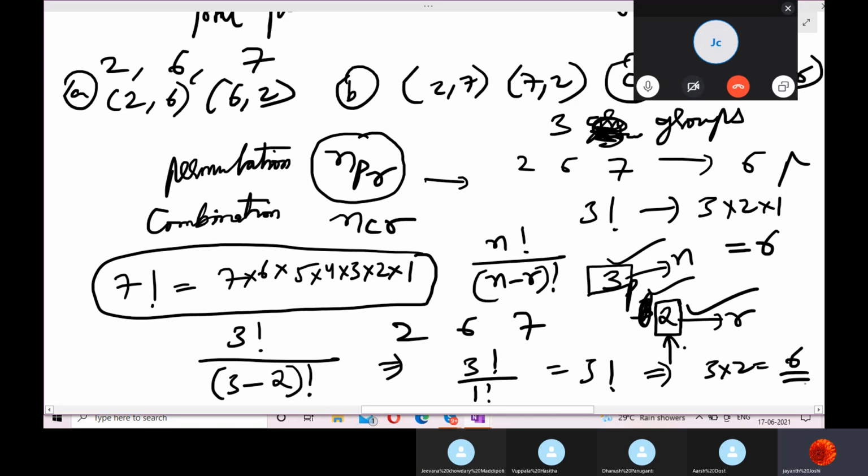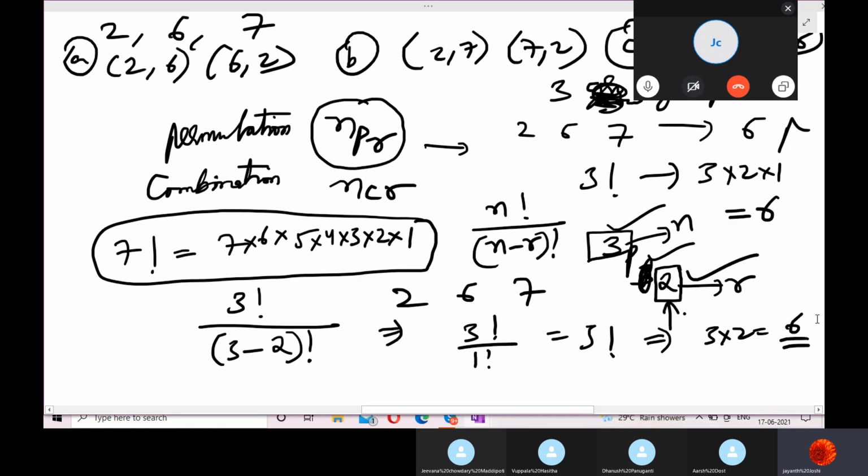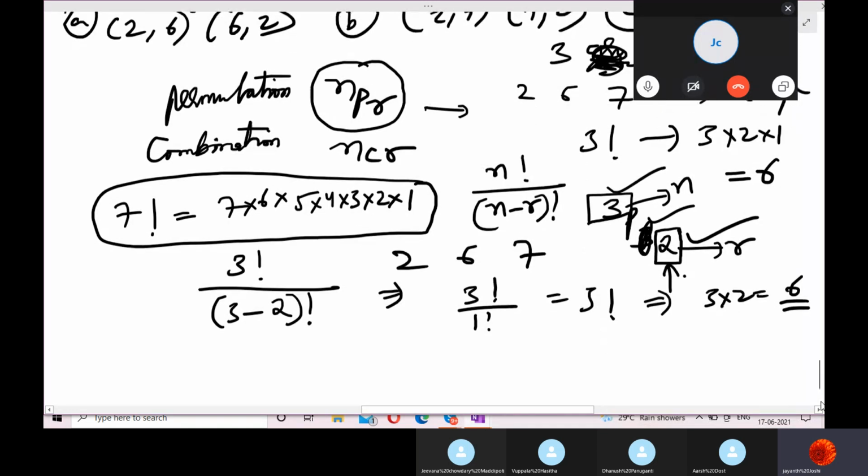Now let us prove the point for combination. So this is the permutation formula. I will give you a derivation of this. Okay, please understand the derivation, all of you, very properly.